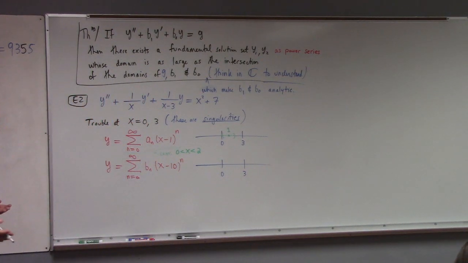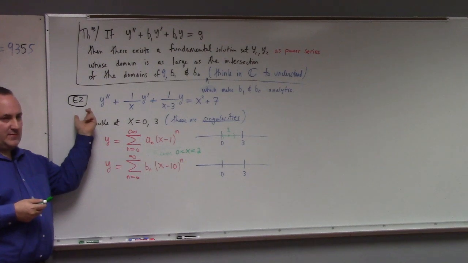As you may recall from Calculus 2, it may or may not be the case that you actually converge at 2. I think 0 is probably not going to be a place where we can converge either. Technically speaking, I really can't solve the problem at x equal to 0 because the differential equation is not defined at 0, as I presented it here.